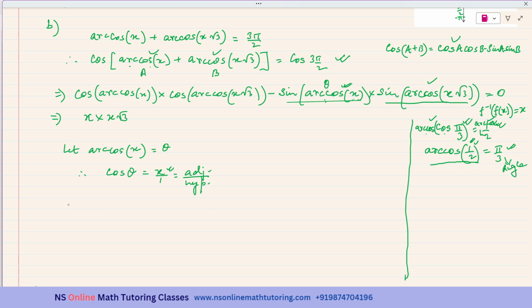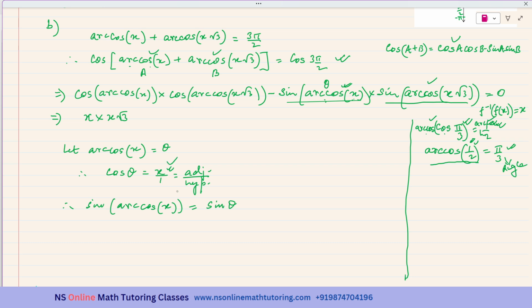Okay, so therefore sine of arc cos of x will be equal to sine theta. Okay, and we have to get the expression for sine theta. We know the expression for cos theta.